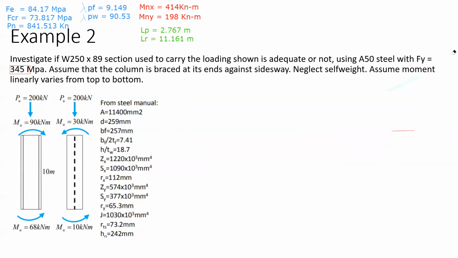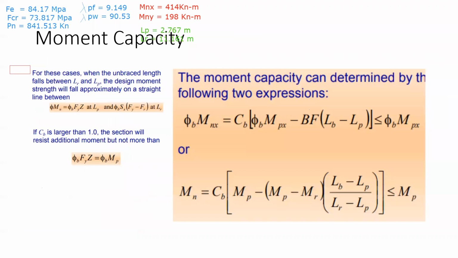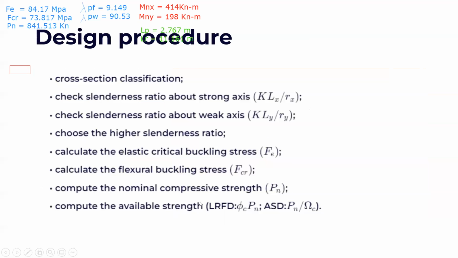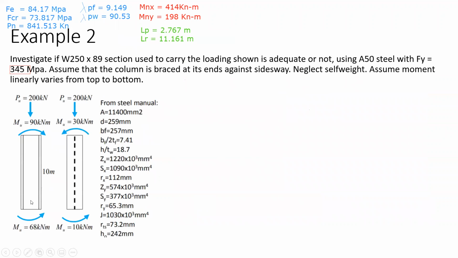So tanggalin ko na ulit tong mga to. Balikan natin yung previous slides. Kailangan naman natin kunin itong CB. Ayan. So, to get CB, tingnan natin yung given sa atin na ito, ang ating column. So, pag drawing natin to, this is our column, this is 10 meters. And sa pinakadulo niya, we have MU is equal to 90 kilonewton meters.